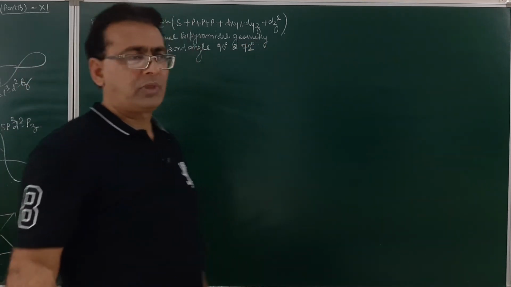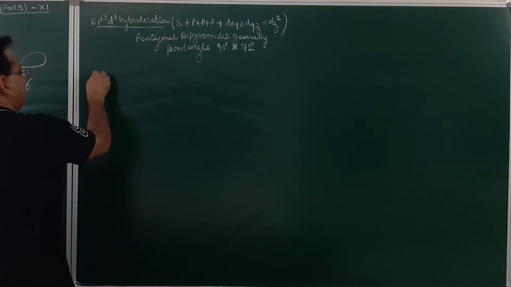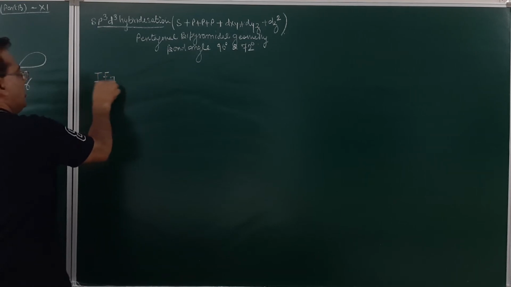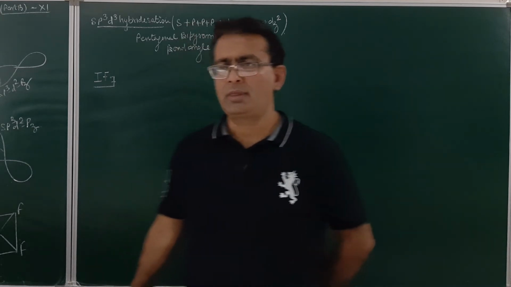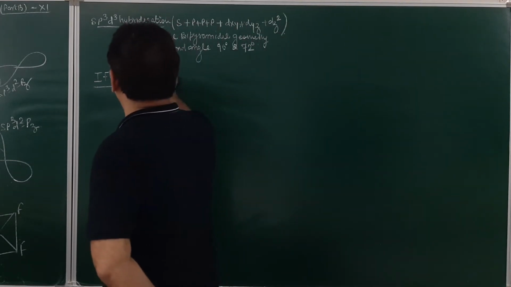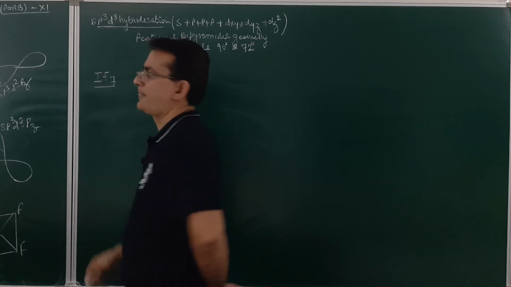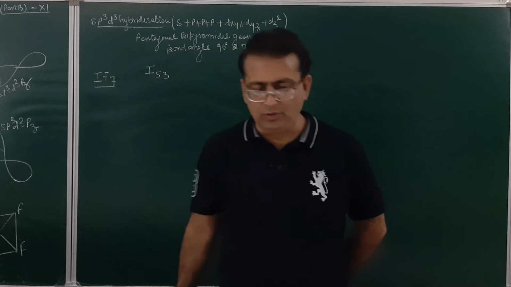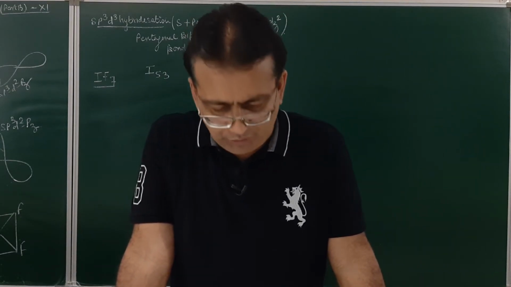Is it clear? I'll try to explain by taking an example as we have done in every case. As for example, IF7, iodine heptafluoride. Student, what is the atomic number of iodine? It is 53. If you write down the electronic configuration up to argon, it will be the same, that is up to 36.